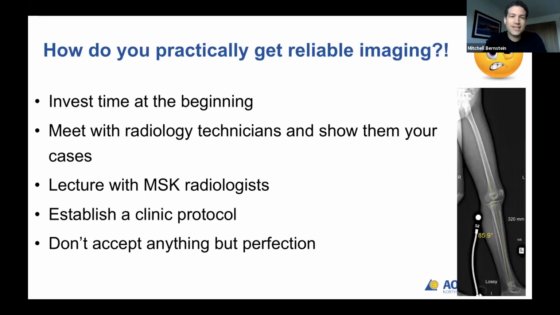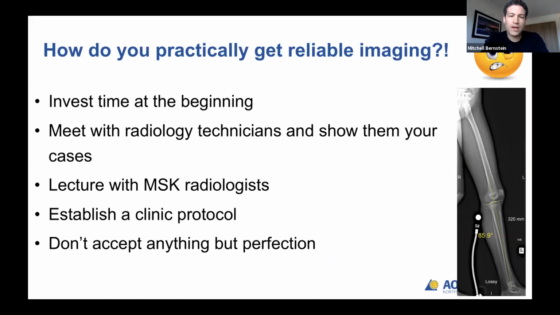I'm always asked this: how do you practically get reliable imaging? And I think it's a source of frustration for a lot of us. I have to tell you, if you invest time at the beginning, if you meet with the radiology technicians, show them your cases, show them what you want, they are amazing people and very responsive, and they will give you reproducible, high quality images time after time.